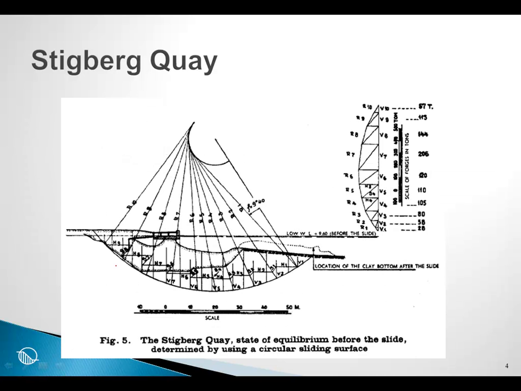Here's a picture of how the sliding mass was divided into slices, and we see that this idea of dividing into slices and resolving the forces on the slices dates back a long time, almost a century by now.